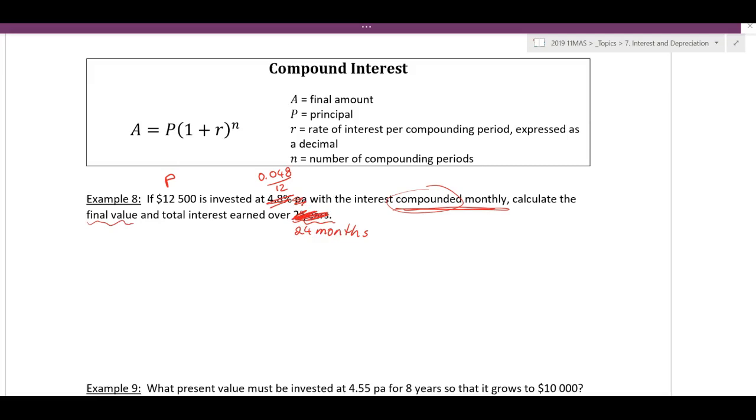Anyhow, my A, my final amount, is equal to my principal, 12,500, multiplied by 1 plus 0.048 over 12 to the power of 24.